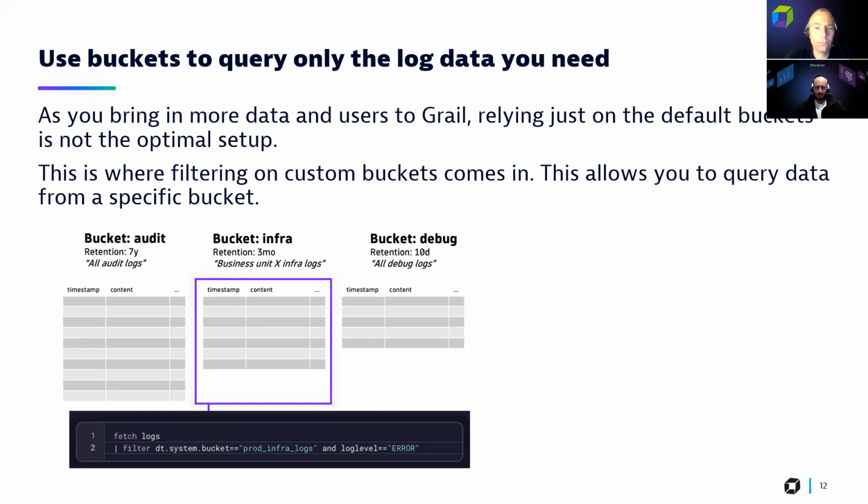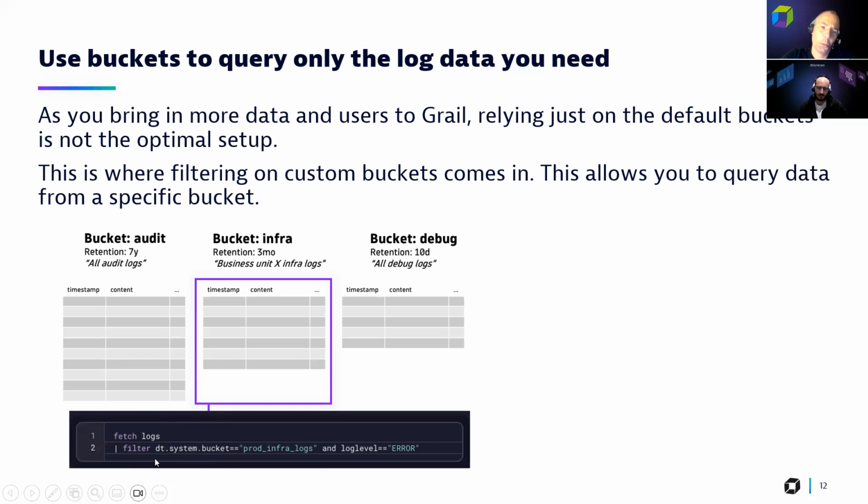Going into the details of this example, now we take the infra team, or the business units who like to focus only on the infra logs, with a retention period of 3 months in this example. Within this query, you can easily see how we apply filtering with these infra logs.